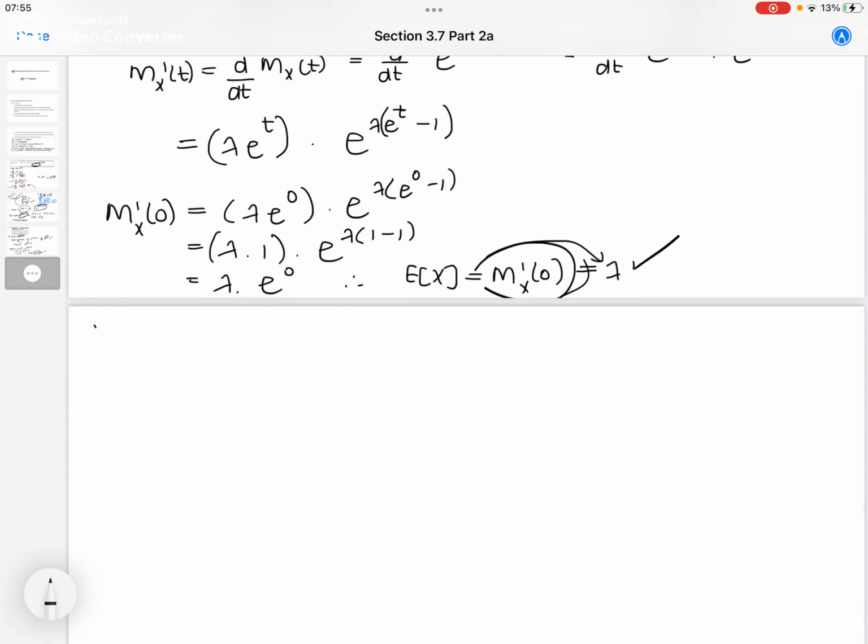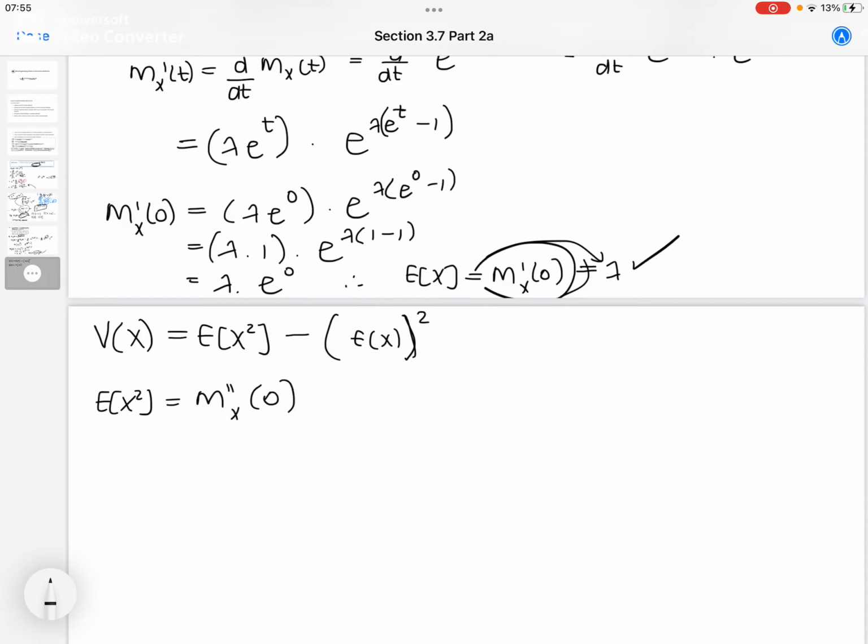Right, so now for the variance, we know by definition it is equal to the expected value of X squared minus the expected value of X, all squared. So the expected value of X squared is the second derivative of the moment generating function when t is equal to 0.